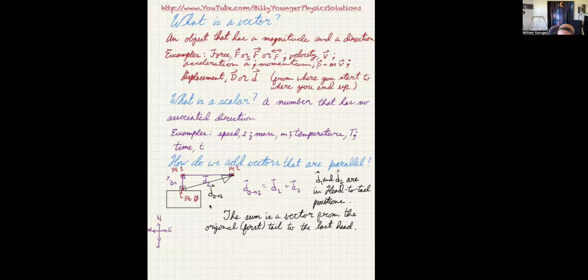The head of the vector is, of course, the part that has the arrow, and the tail of the vector being the part of the arrow that has no head on it, no arrow on it. Okay, so that's one of them.